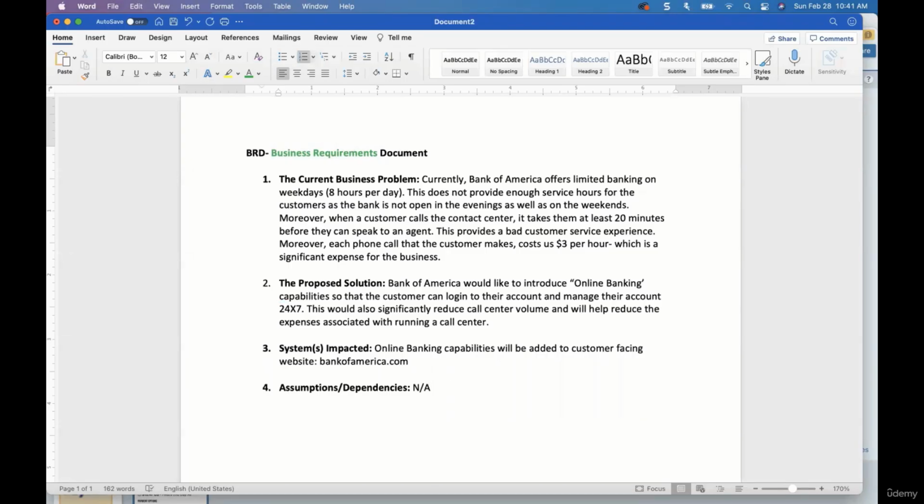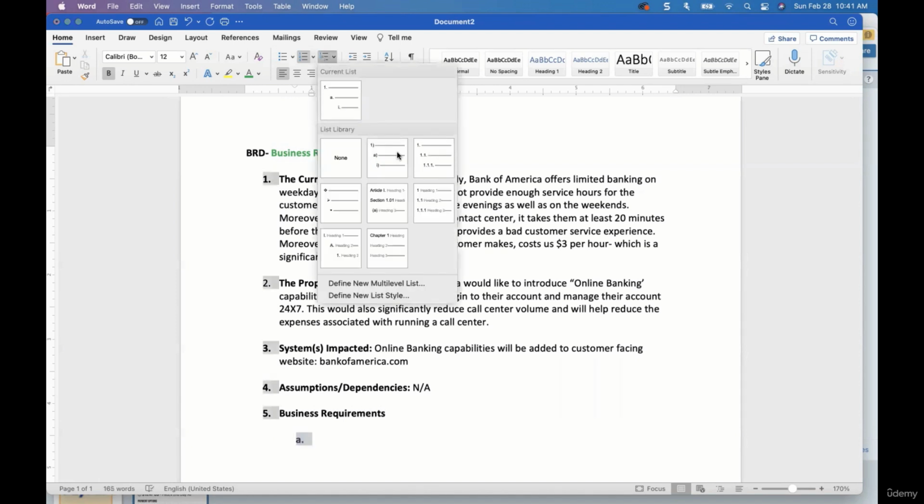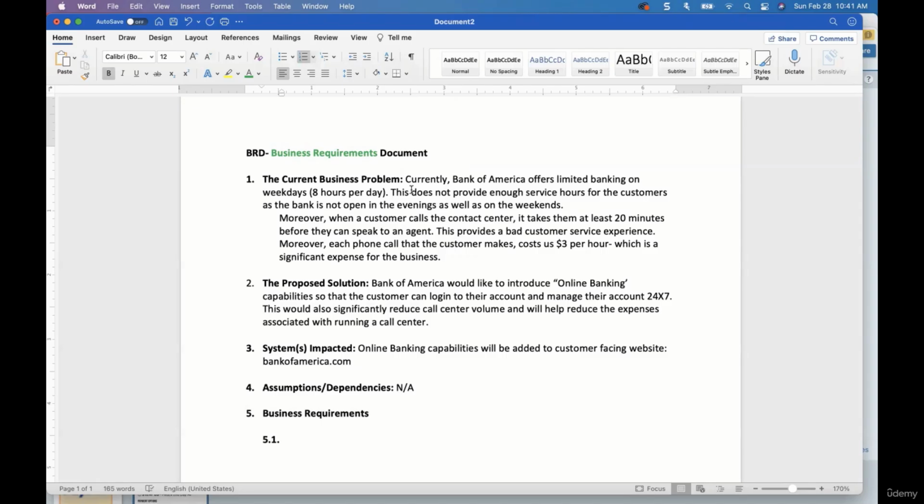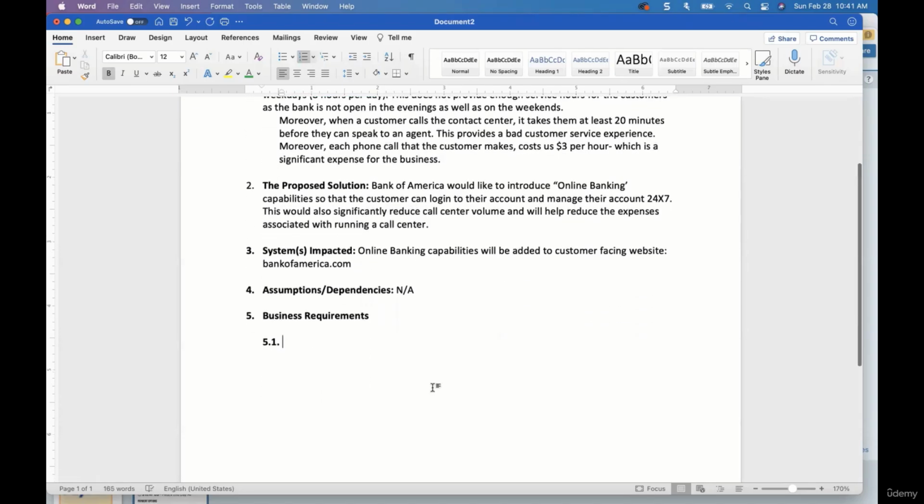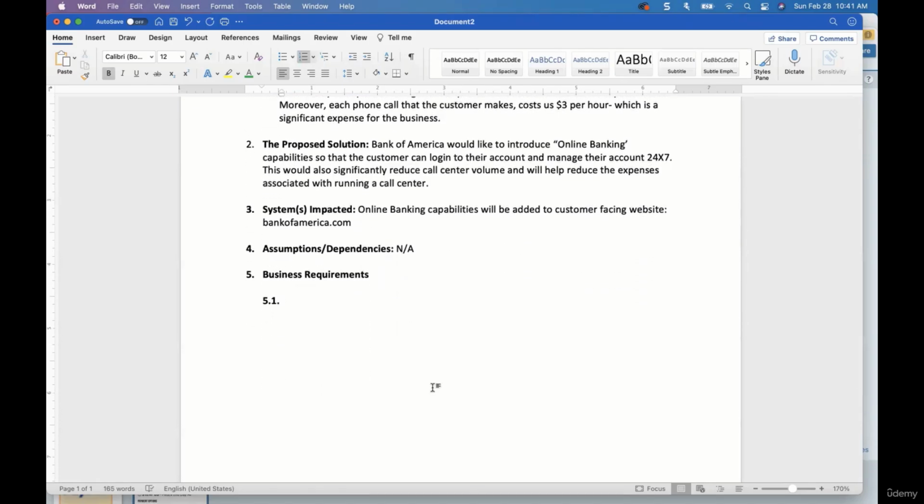So now you want to start typing your business requirements. Your business owner says, I really want to divide this entire application into 3 modules. My first module is going to be accounts management, where customers can manage their account.